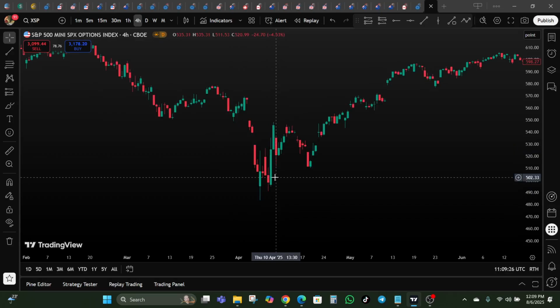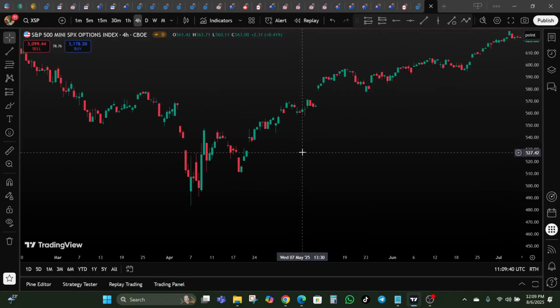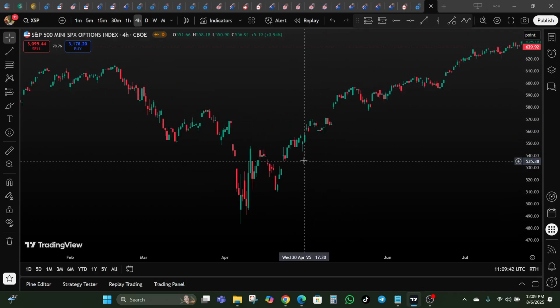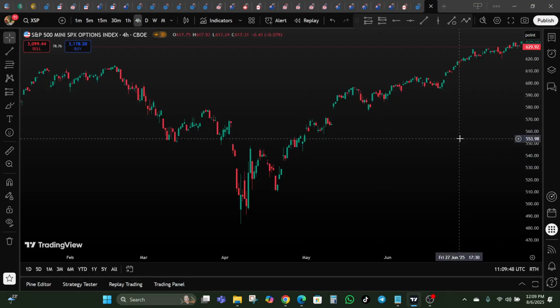Once you identify bias and structure, you look for confirmation before entry. A clean break of pre-market highs with rising volume could signal momentum, so avoid jumping in without structure. Risk control is non-negotiable with SPX.